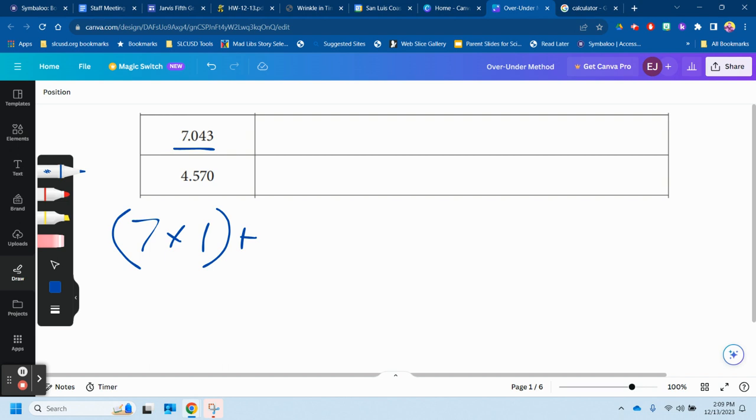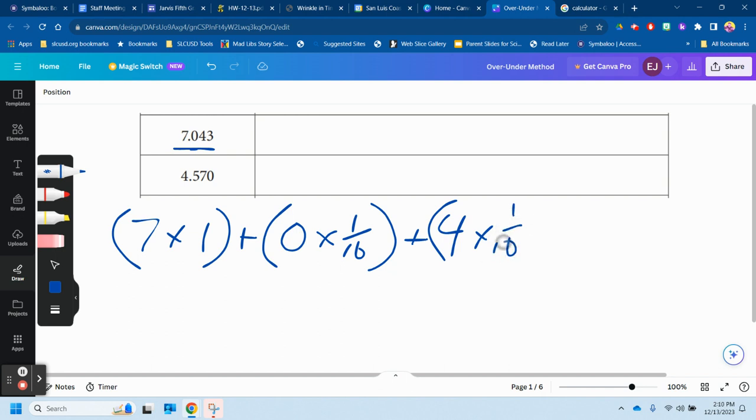Plus, this is the tenths place, the next one, so it's 0 times 1/10, plus here's the hundredths place, 4, going to put in parentheses, times 1/100, plus there's the 3 in the thousandths place, 3 times 1/1000.